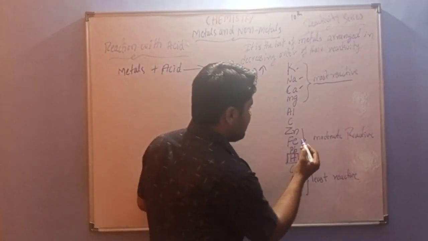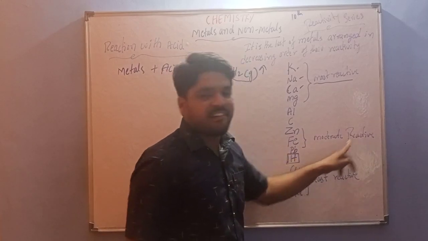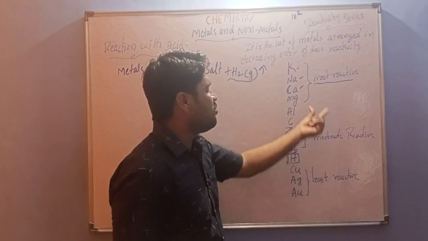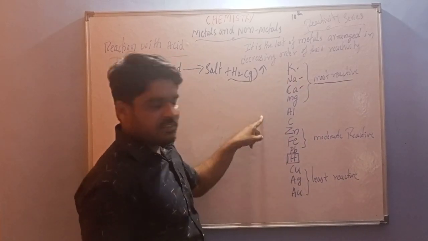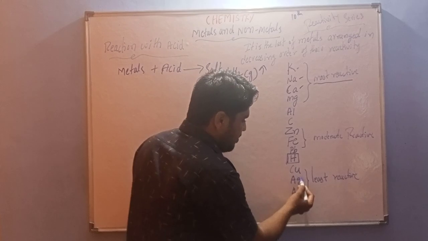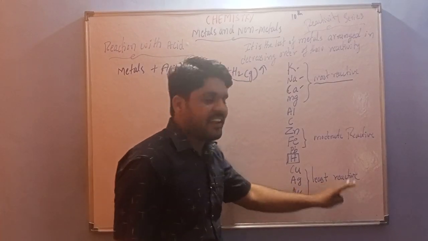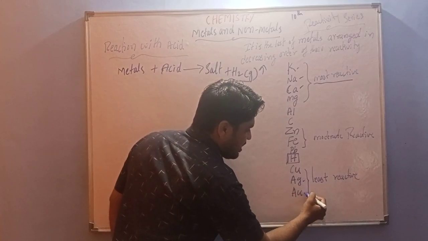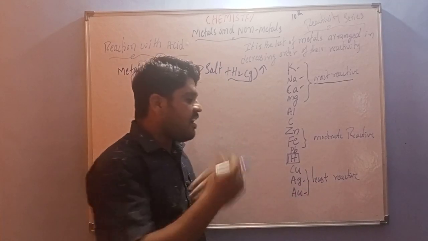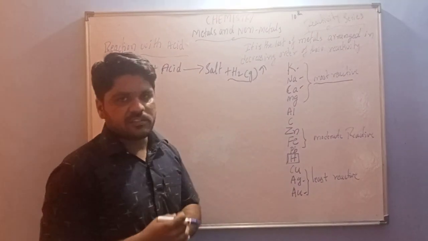In the same way, zinc and iron are moderately reactive, that means reactivity is somewhat slow compared to these elements. Copper, silver and gold have very little reactivity. Silver and gold cannot react with acids at any temperature or under any conditions.